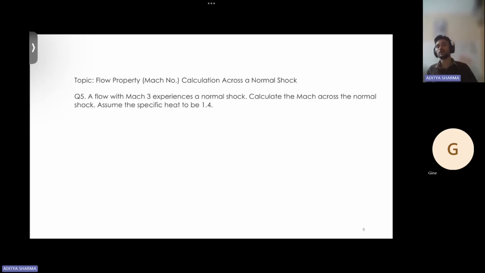So this is a numerical type question. Just have a look at this question and then we shall try to solve this.